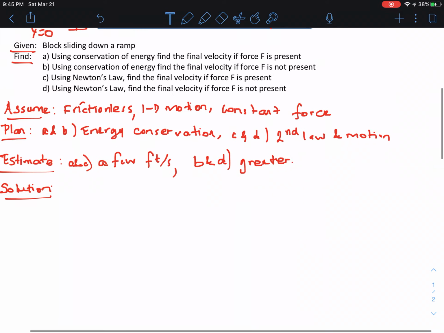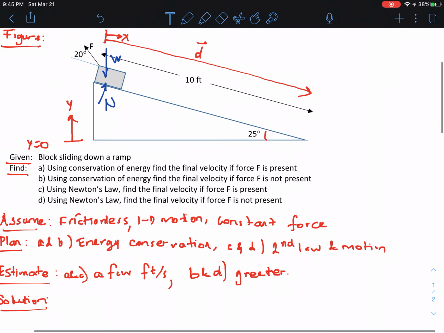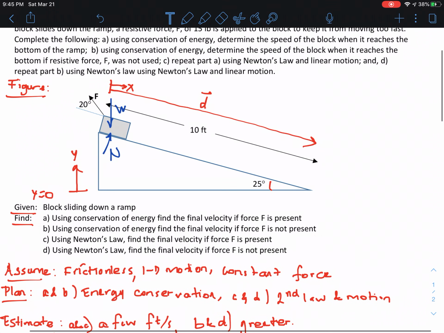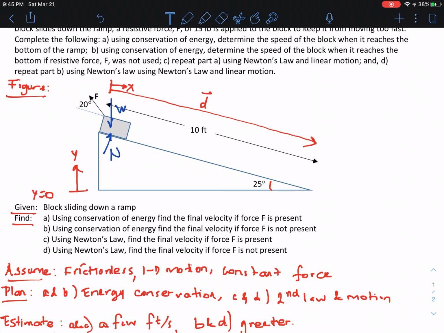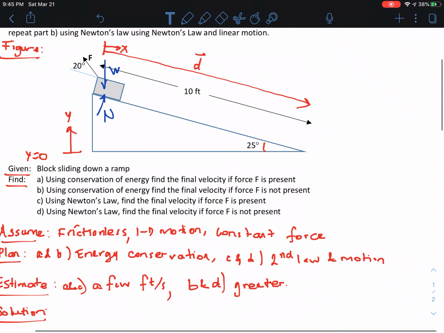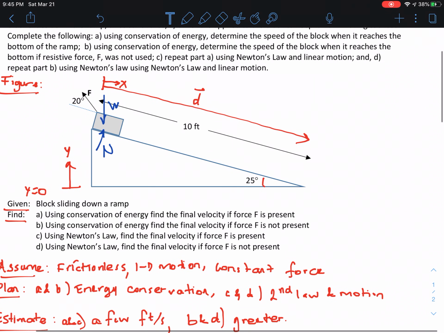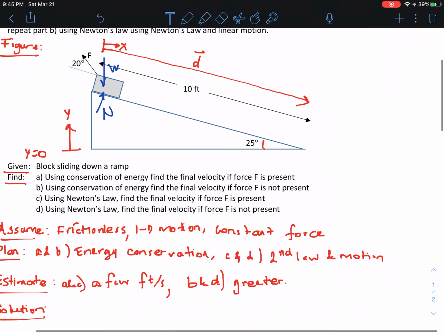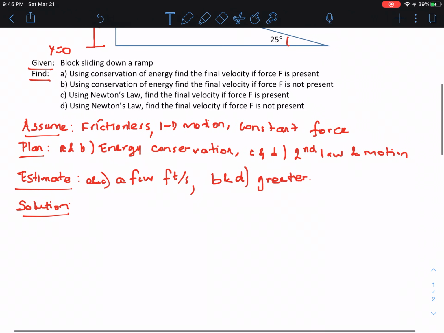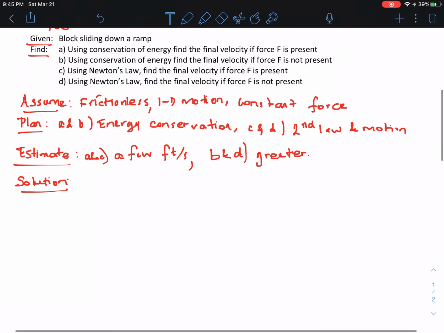So for estimation, since we are slowing it down by applying that force F, we expect that it shouldn't move more than a few feet per second. For parts B and D, where F is no longer there, it should be greater than parts A and C. And A and C should be the same, B and D should be the same.